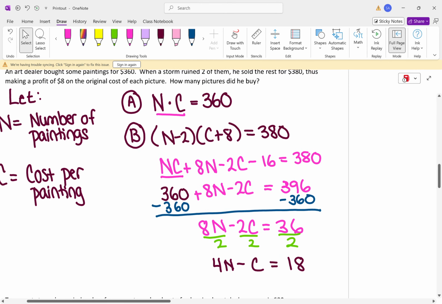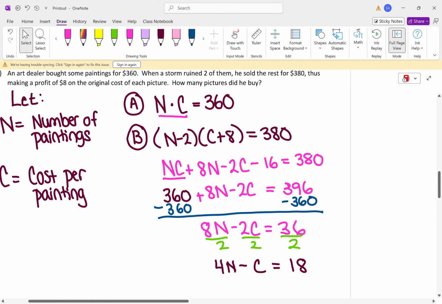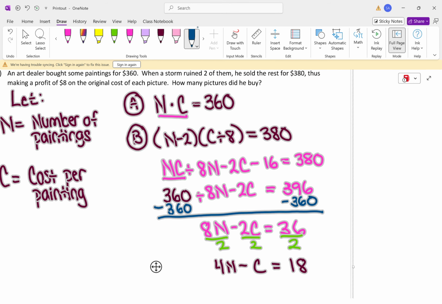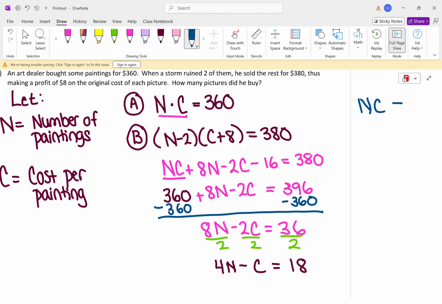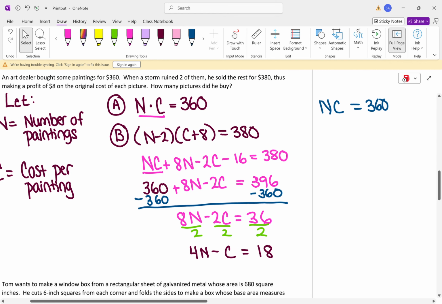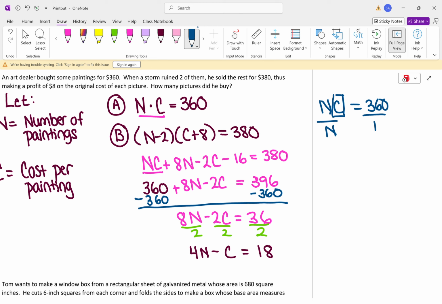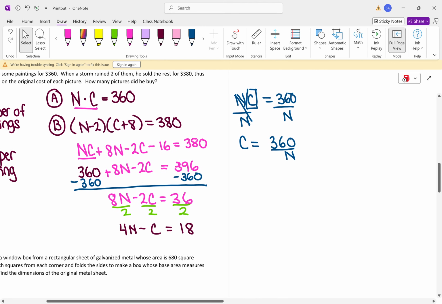So I have to go back to the other equation, NC equals 360, and solve for one of the variables. Let's solve for C. If I solve for C, what do I do? Divide by N. So C will equal 360 over N.